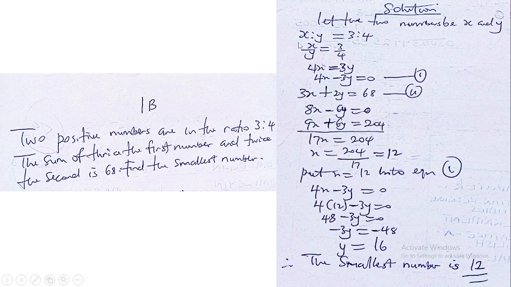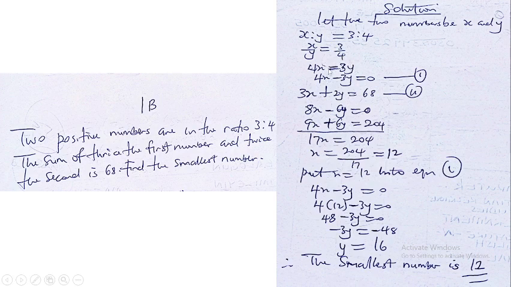That means x to y should be equal to 3 to 4. What's the meaning of ratio? Ratio means division. x ratio y will give us x over y is equal to 3 ratio 4, which will give us 3 over 4. From there we can cross multiply. When we cross multiply, we'll be having 4x equals 3y.